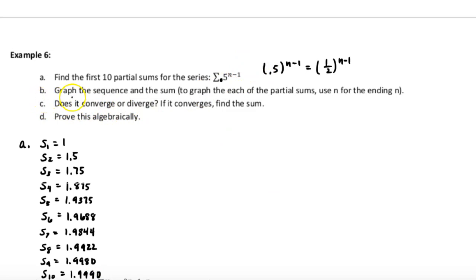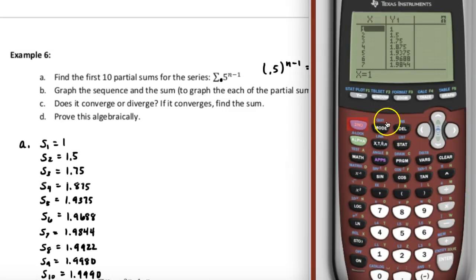Part B, we want to graph the sequence and the sum. And we're told that to graph each of the partial sums, use n for the ending n. Well, we actually already kind of did that when we put in that summation to find all these first 10 partial sums. And so let's go to our calculator and use the methods we learned in the first section.